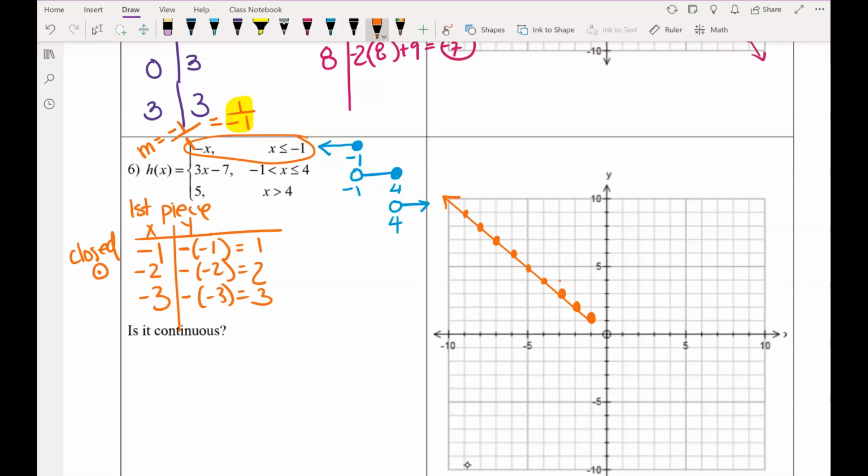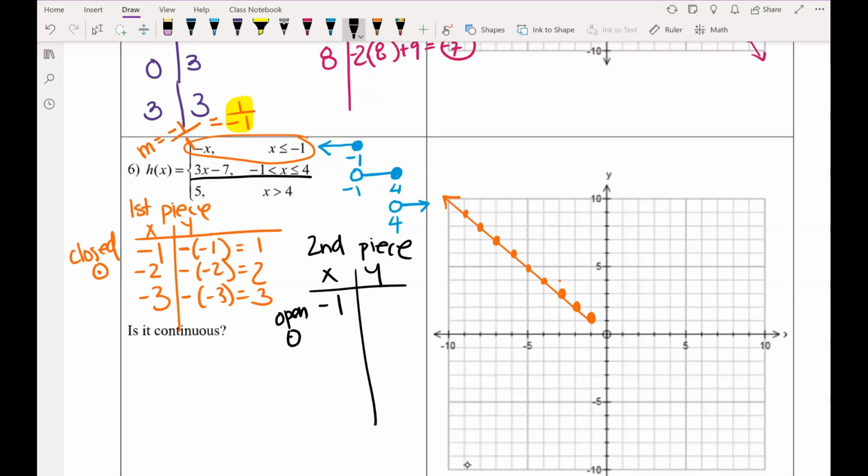Now, piece number 2, let's use black. Piece number 2 is a segment. So second piece, we have a starting value at -1, and we knew that was going to be an open circle, and we have an ending value at 4, and we talked about this being a closed circle. And in between a negative and a positive, I know for sure there's a 0.